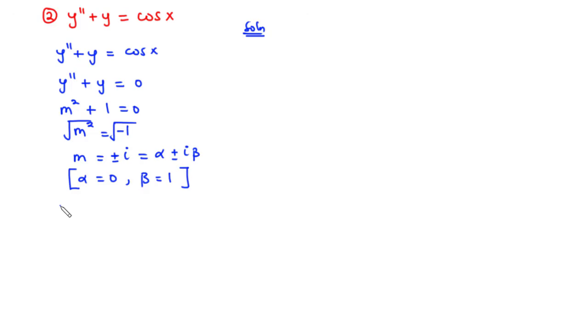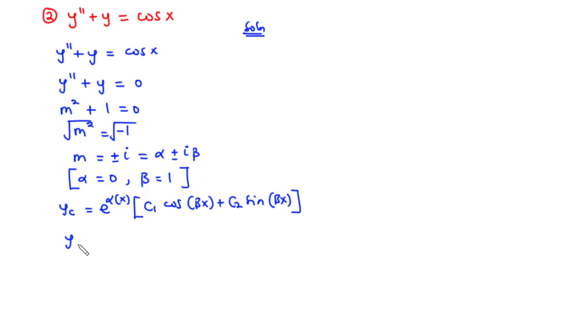So the general solution to the homogeneous differential equation, yc, is given by e to the power alpha x times (c1 cos beta x plus c2 sin beta x).